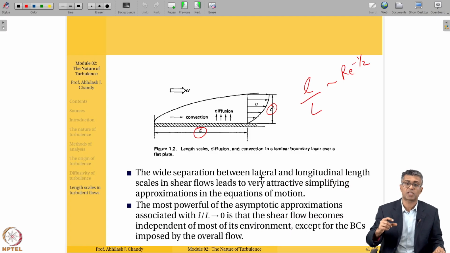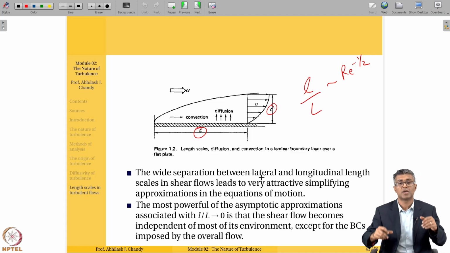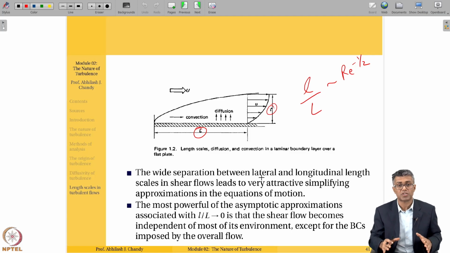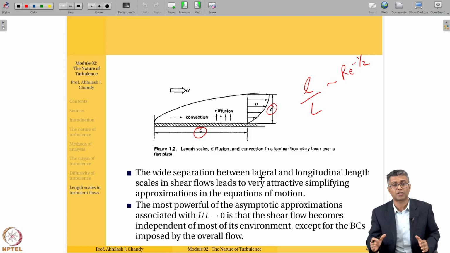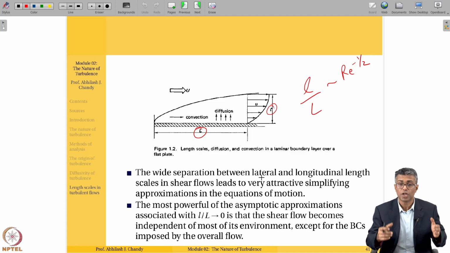And the diffusive length scale is one that is across the surface, and it represents the diffusion of momentum away from the surface. So again, both of these exist for laminar and turbulent flow. It's just that the ratio is different when you have it for laminar and turbulent flow.